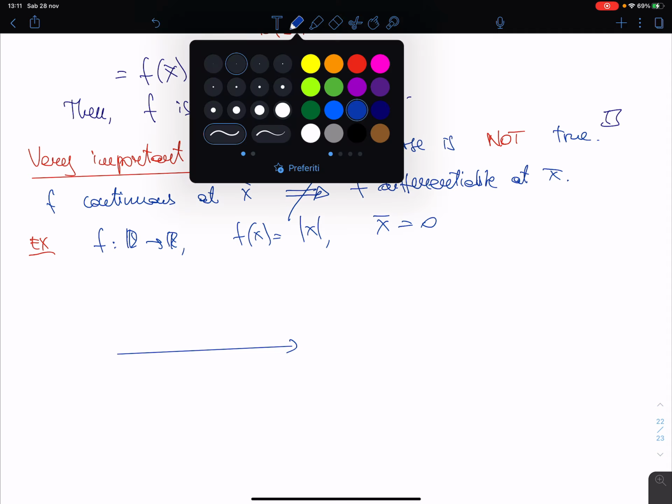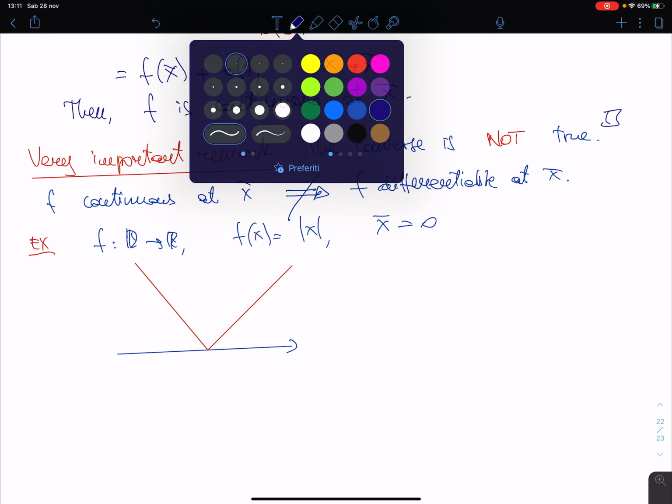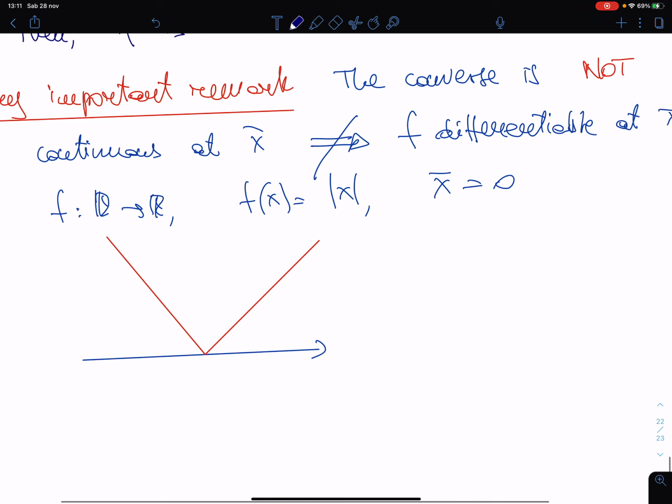We already had to draw it several times. And notice that at 0, the situation is that you really have a corner point here.